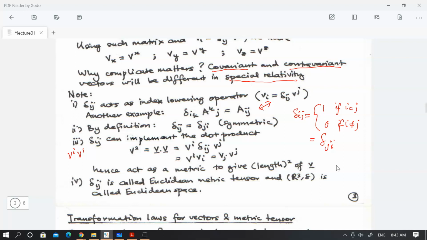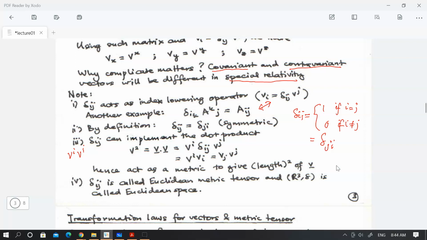Okay, how can this work now? So far we have seen that the summation only works with respect to a sum between the index at the bottom and the index at the top. So this is in some way an illegal thing to do, but we can make it legal by introducing this Kronecker delta.